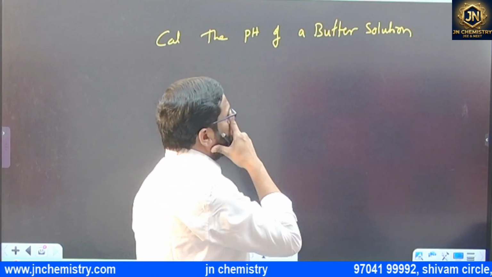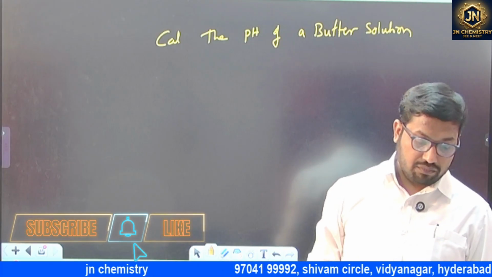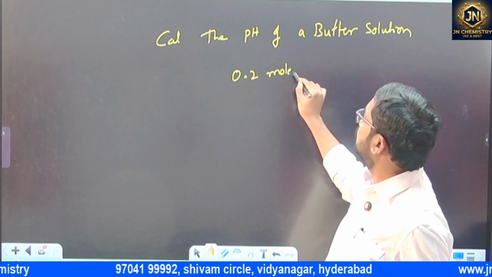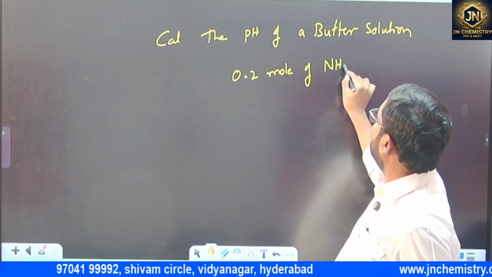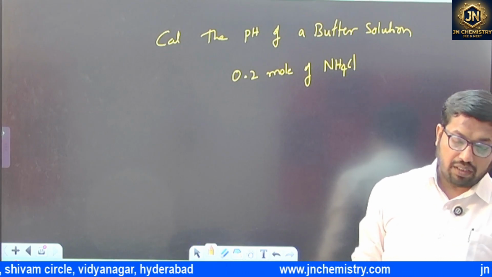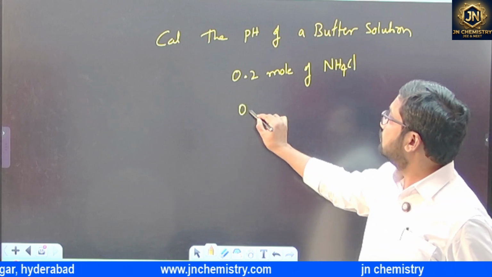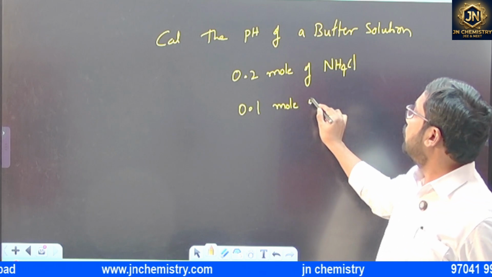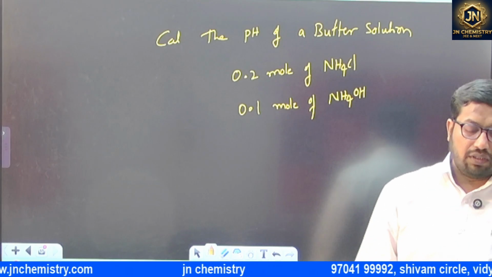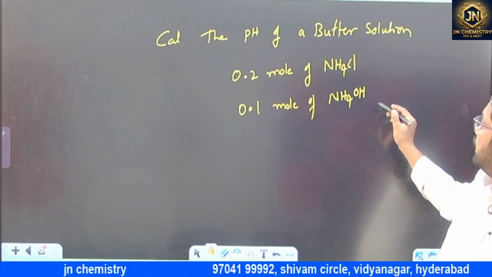Calculate the pH of a solution containing 0.2 mole of NH4Cl and 0.1 mole of NH4OH per liter.